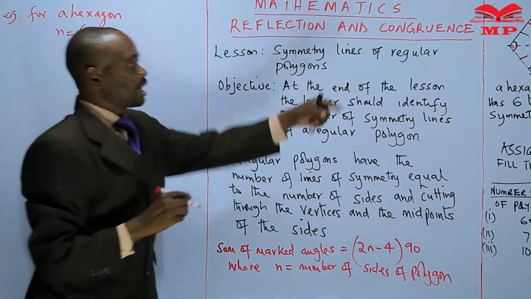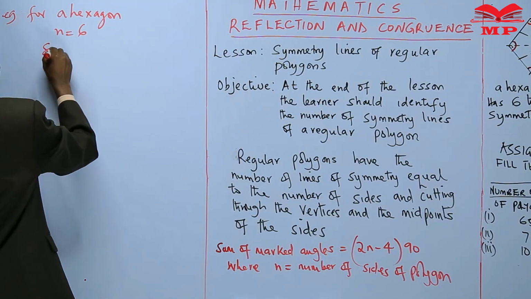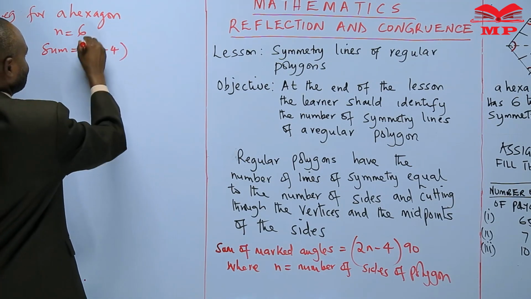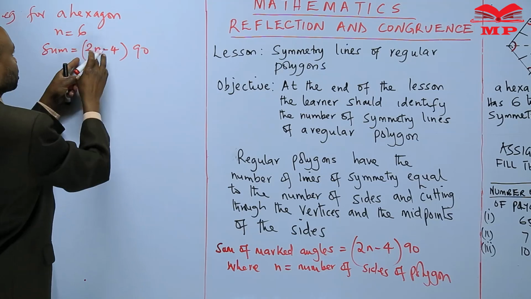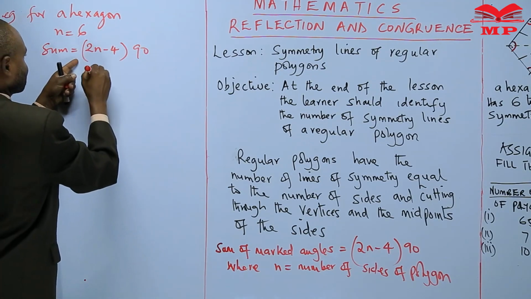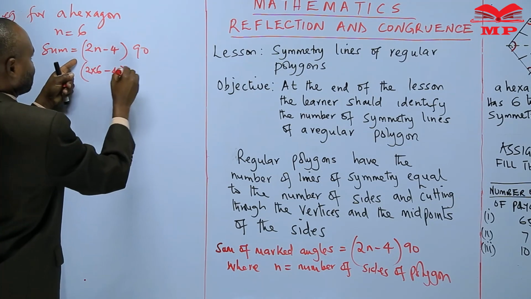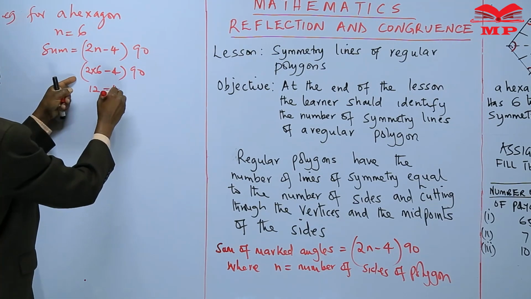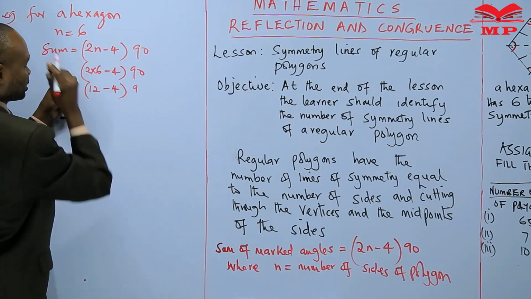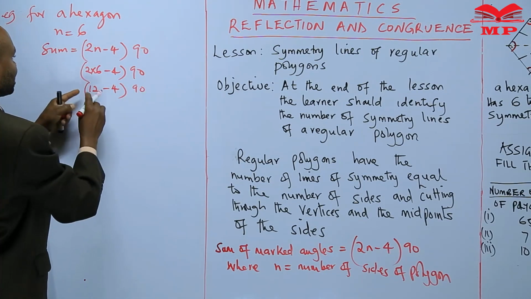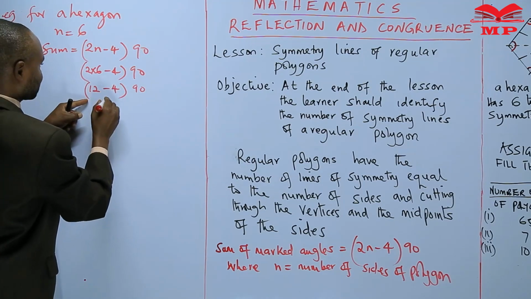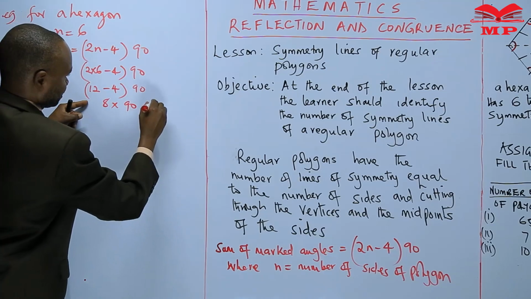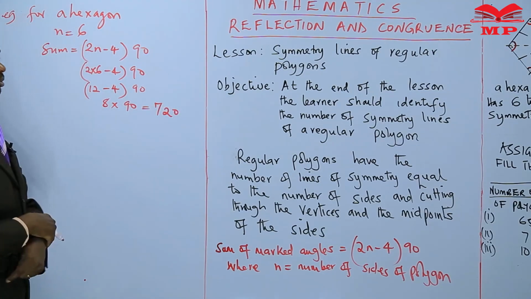So the sum of those angles will be (2n minus 4) times 90. You put 6 here: it will be (2 times 6 minus 4) times 90. 2 times 6 is 12. 12 minus 4 is 8. 8 times 90, what do we get? 720.